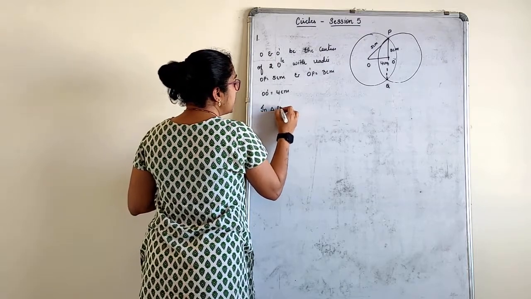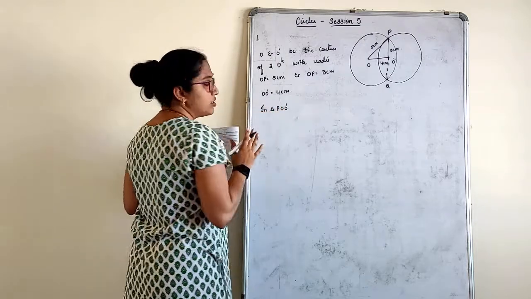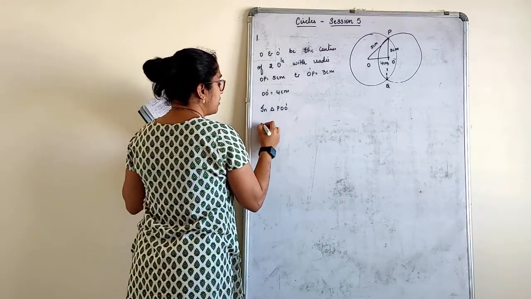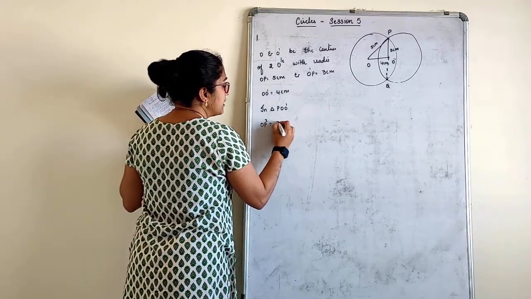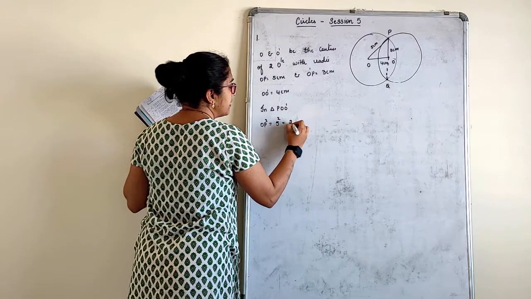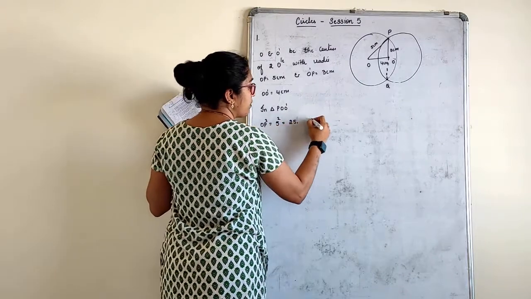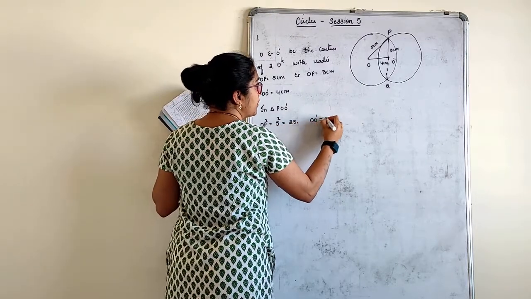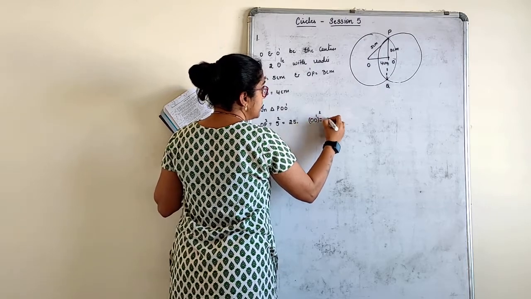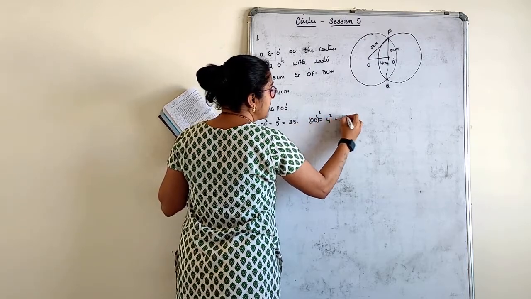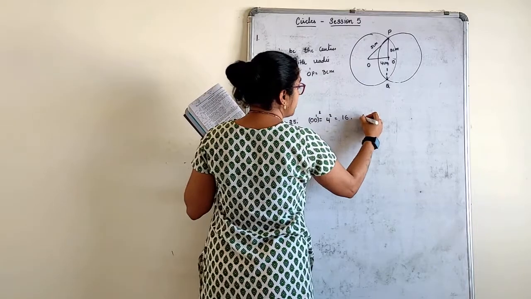In triangle OPO dash, OP square is equal to 5 square, that is 25. OO dash square is equal to 4 square is equal to 16.